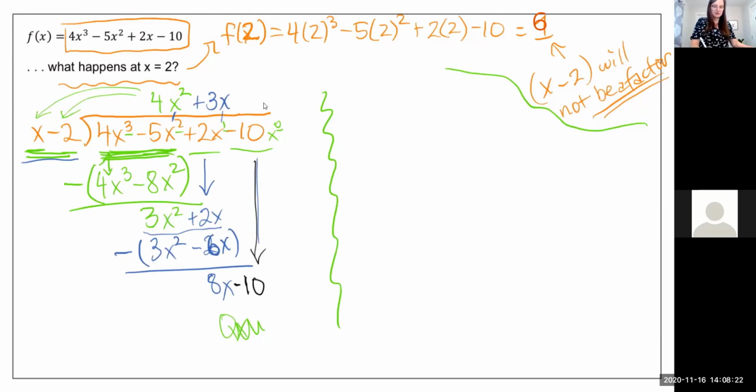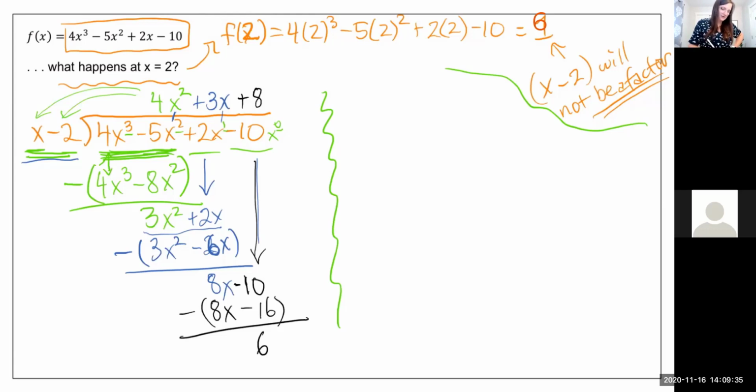And so now I can go plus 8. 8 times x minus 2 is, we have that, I believe. Let's try it. So 8 times x minus 2, 8x minus 16, yeah. So then the minus 10 plus 16 is going to be our 6.